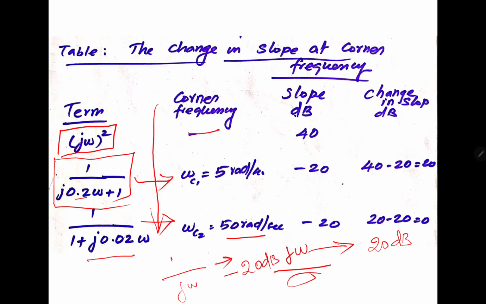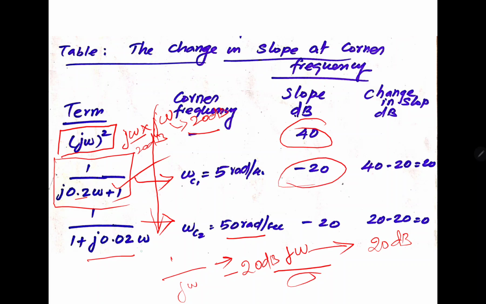So for (j omega) square, we have j omega into j omega, and for each j omega we give 20 dB plus 20 dB, so the slope is 40 dB. For the next terms, j omega is in the denominator, so we give minus 20, and here also it is in the denominator, so minus 20.